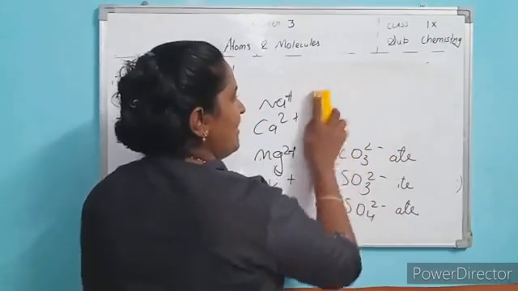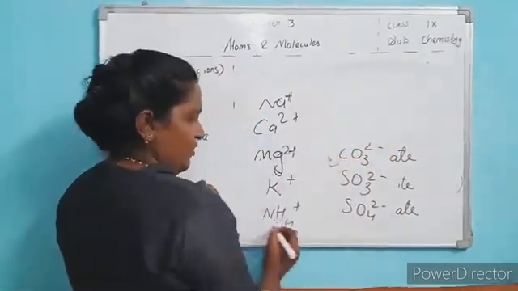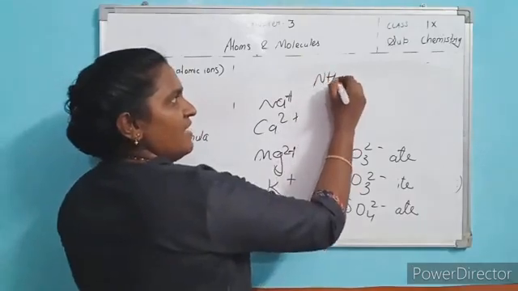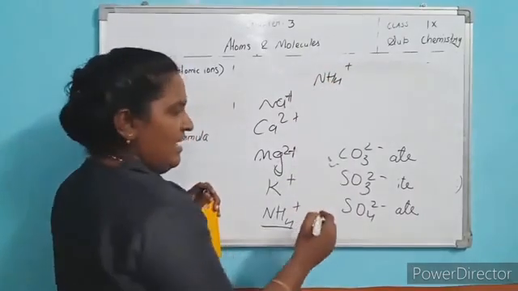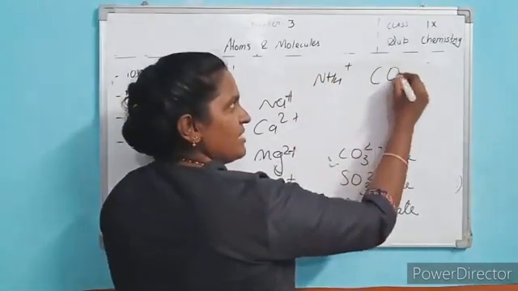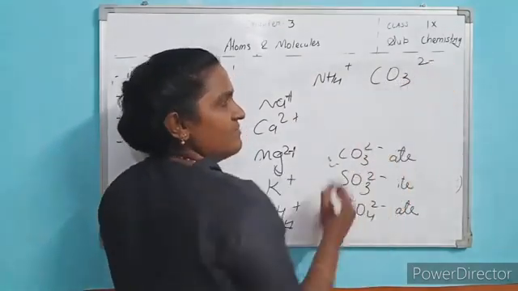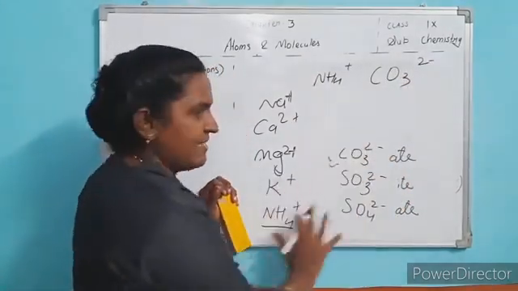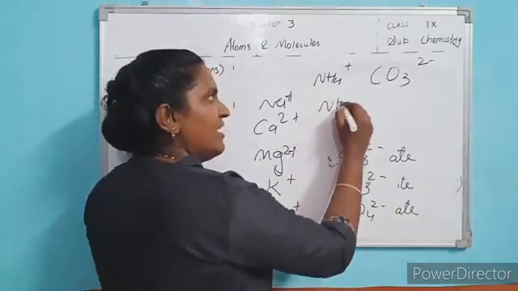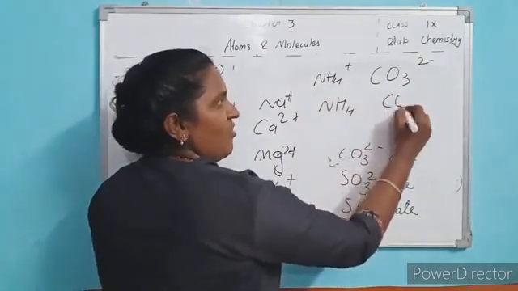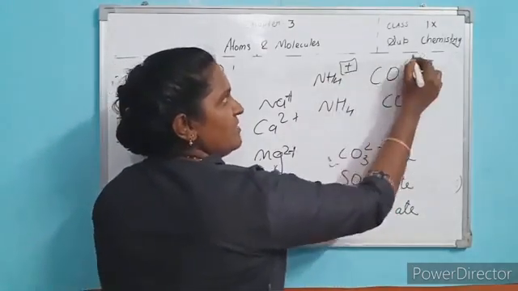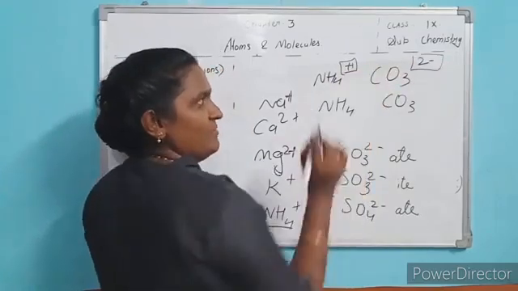Are you getting it now? Next one is ammonium carbonate. The ammonium symbol is NH4 plus. And carbonate symbol is CO3 2 minus. You write the symbols by studying the table. Now again write only the symbols, don't write the top one. What does it mean? Plus 1.